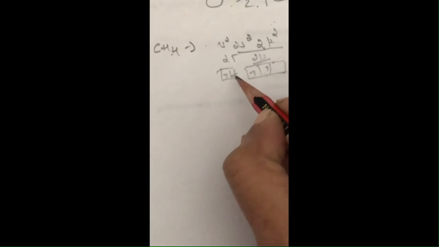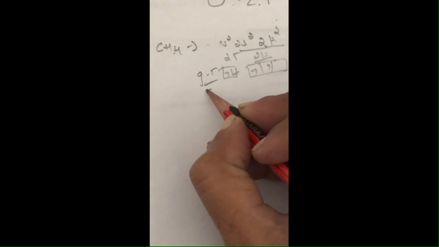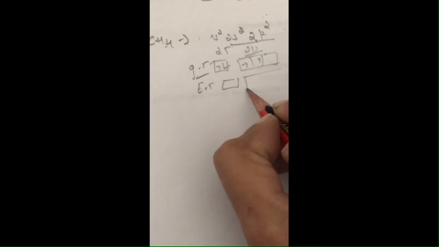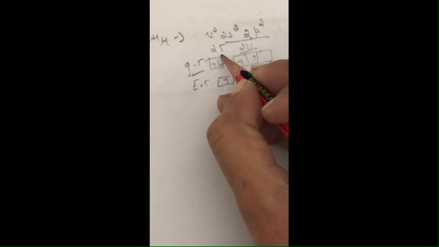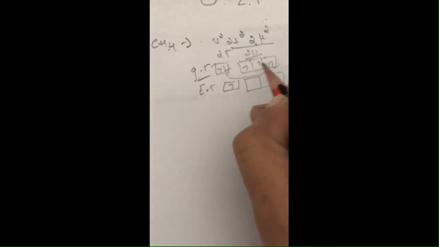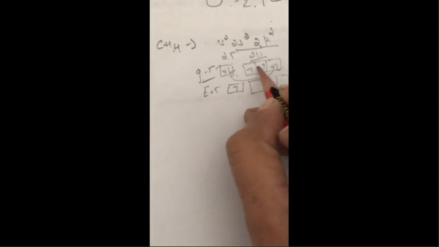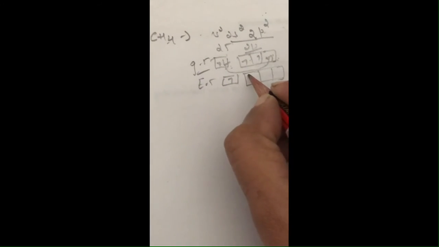Now this is the ground state, and in the excited state this electron will be transferred here. There are 4 orbitals which are involved in the intermixing, and the type of the orbitals are 1s and 3p orbitals.